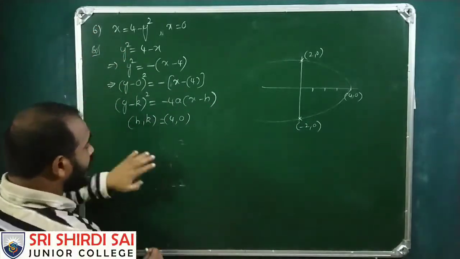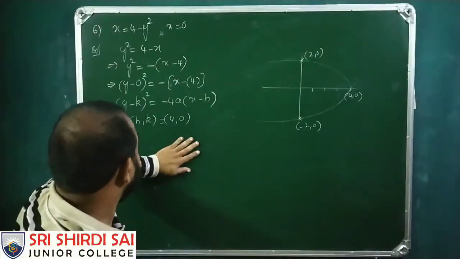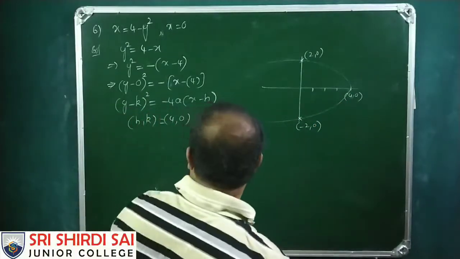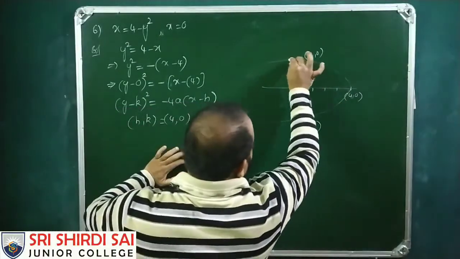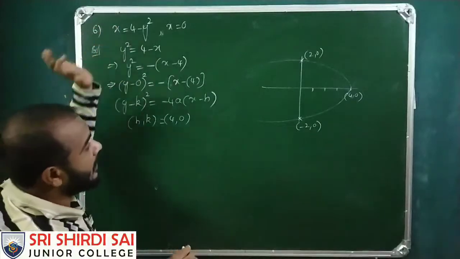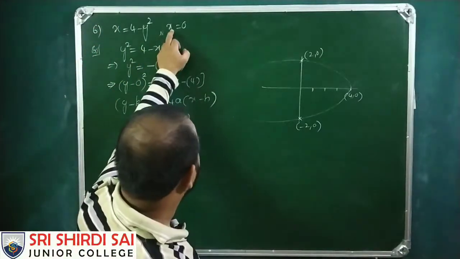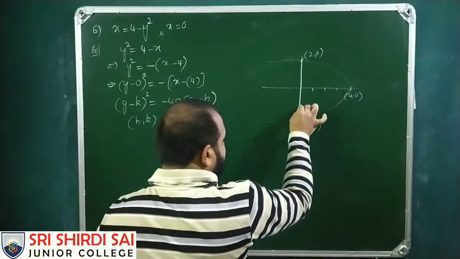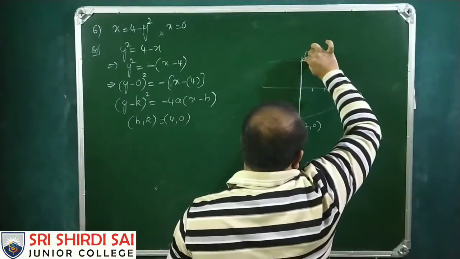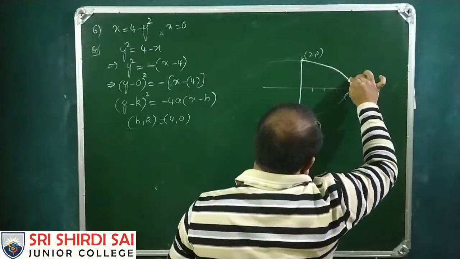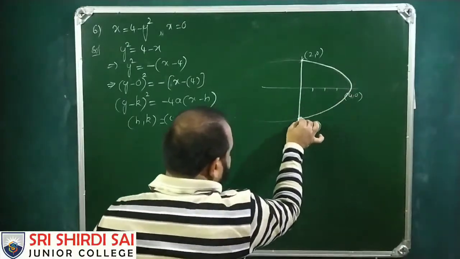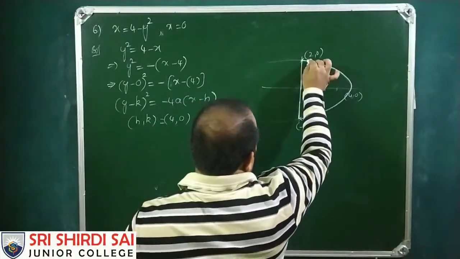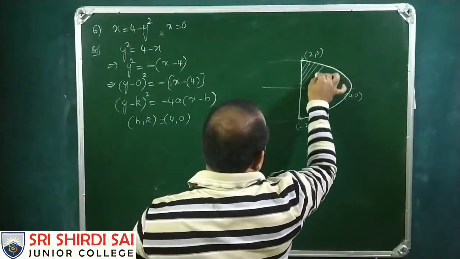Again, it is not required. Now 4 comma 0. This is the parabola given, and x equals 0 is the y-axis. This y-axis and the parabola enclose the area of the region we want to find.